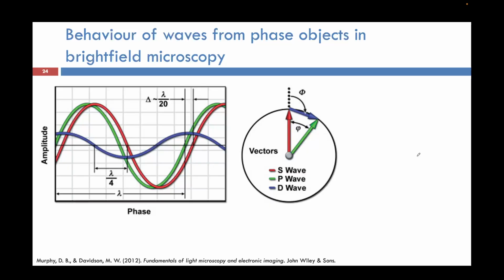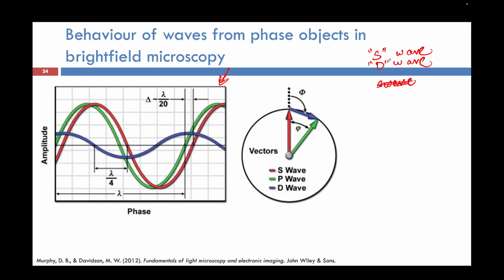Now look at this picture only. Let's consider two types of waves first. One will be the S wave, another one will be the D wave. This S wave is the surrounding wave, or the non-deviated wave, and this D wave is called the diffracted wave, that's why it is the D wave.